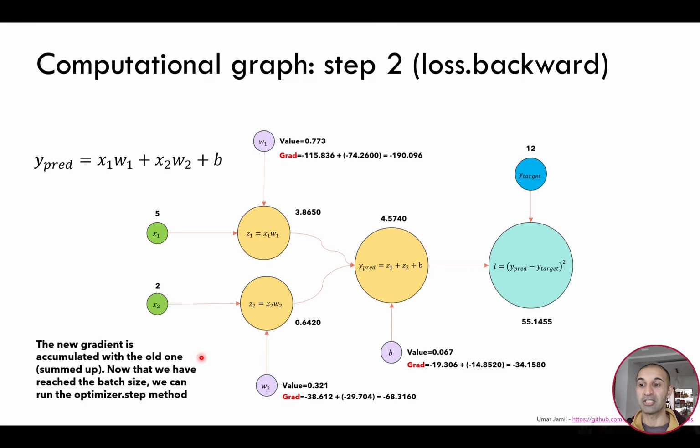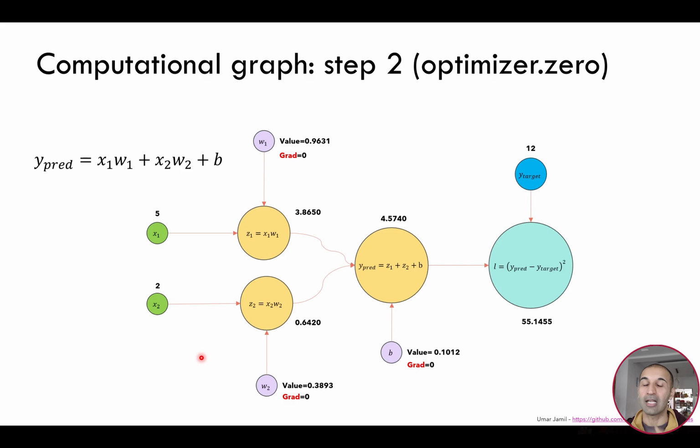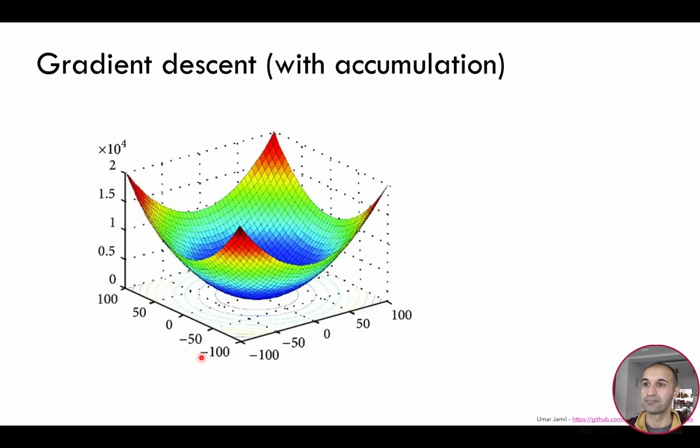Now that we have reached the batch size, we can finally call the optimizer.step method. This will result in the values of the parameters being updated using the cumulative gradient. And then we run optimizer.zero, which will reset the gradient to 0, and then we can proceed with another loop of two items, etc.